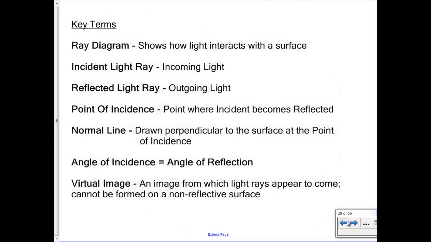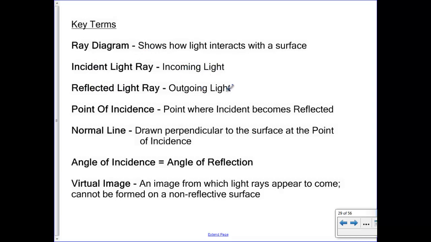I have a whole bunch of key terms I need you guys to know. Over the next ton of diagrams, because you might have noticed most of this is diagrams, I'll try to put these terminologies to use. So first one, ray diagram. If we're going to try to show how light specifically bounces off a surface, that's a ray diagram. Incident is the light that is incoming.